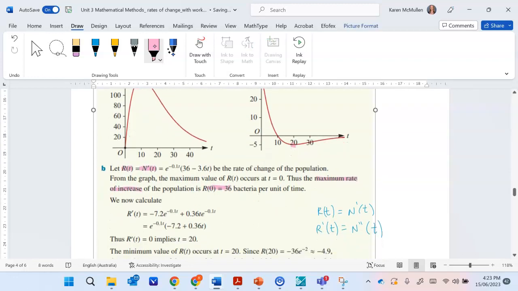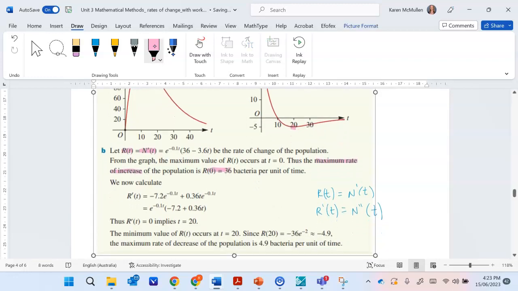We can do the same thing here. We can take the derivative of the derivative and let it equal 0. So that's what we've got here. Here's the derivative of the derivative, and we're going to let it equal 0. And that happens at t equals 20. All right, so that turning point is at t equals 20. So your minimum value of r occurs at t equals 20.